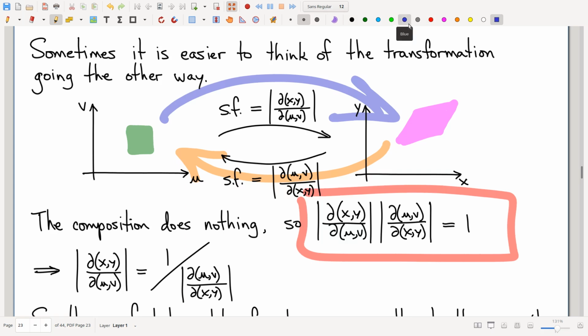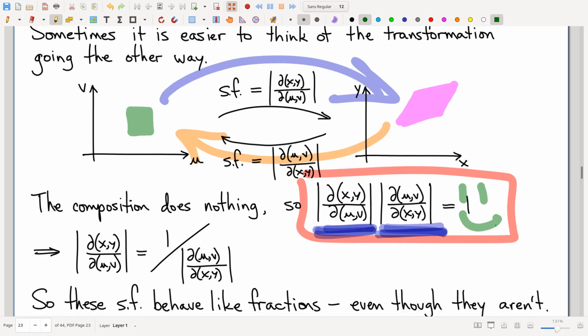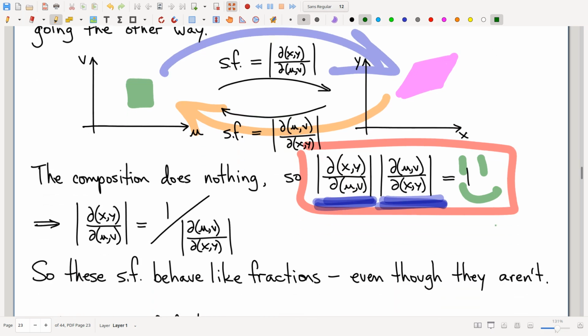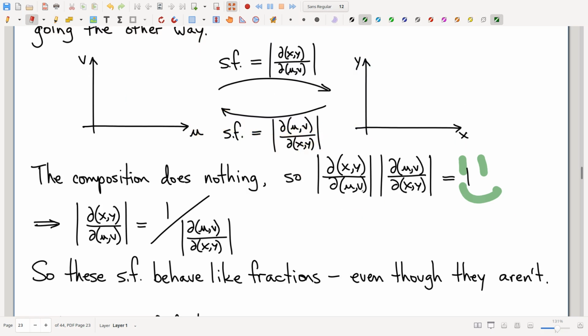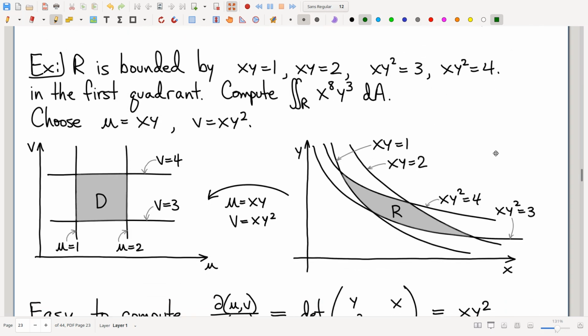So the blue stretching factor followed by the orange stretching factor results in nothing happened, and therefore a factor of 1, and therefore these are reciprocals of each other. So this is not true because of the appearance of being fractions. Quite the opposite. It makes sense to write these as fractions because they behave like fractions, at least in this second sense that we're seeing here. Okay, so cool. We like it when stuff works out. Let's see this in action here. Here we go.